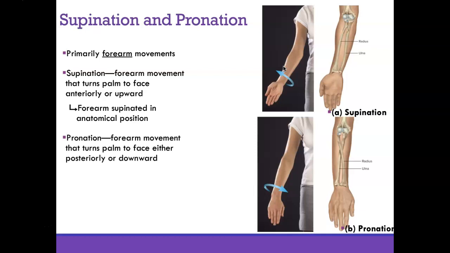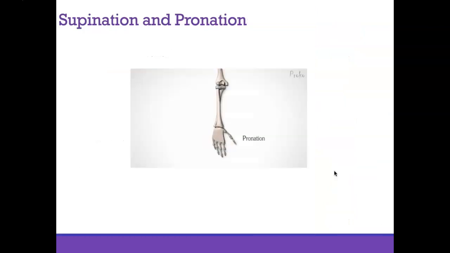When you pronate, that means you're moving your forearm to turn your palm downward or posteriorly. And in the pronated state, your ulna and your radius actually cross over. They actually make like an X with each other. And you can feel that a little bit when you try to pronate. So that's an example of supination and pronation.